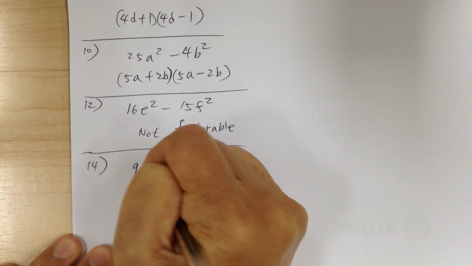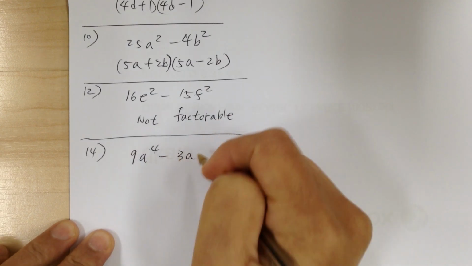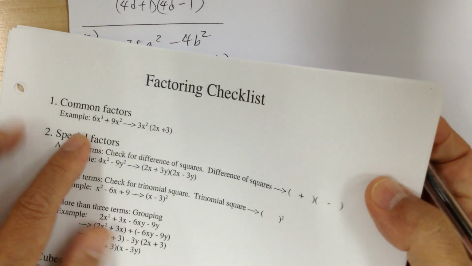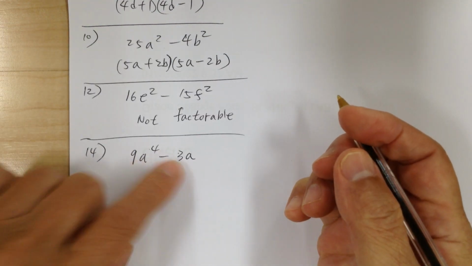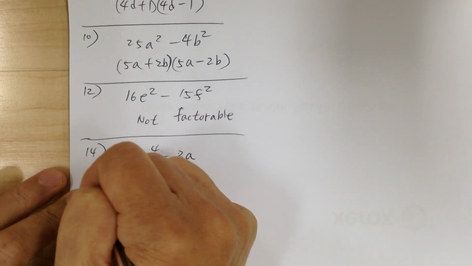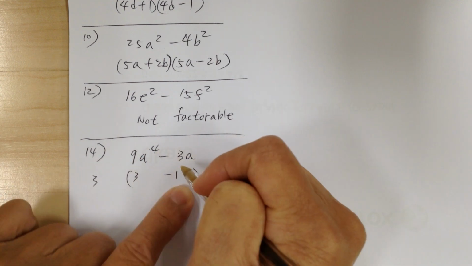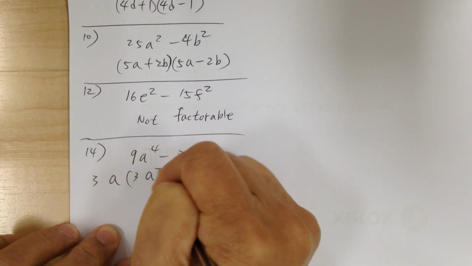9a to the 4 minus 3a. Now don't jump into step 2 right away. You got to look at your checklist again. You have to do the step 1, okay? So 9 and 3, you can factor out the 3. So you're going to get 3 and it would be a 1. And a to the 4 and a, you can factor out the a, so it would be a cubed.